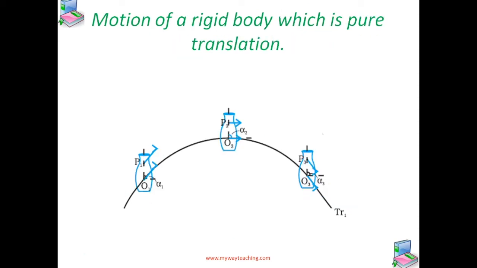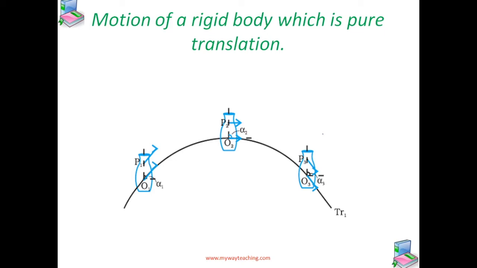In the first example, these two figures illustrate different motions of the same body. Note, P is an arbitrary point of the body. Here we have considered the point P, just an arbitrary point, and O is the center of mass of the body, which is defined in the coming sections.